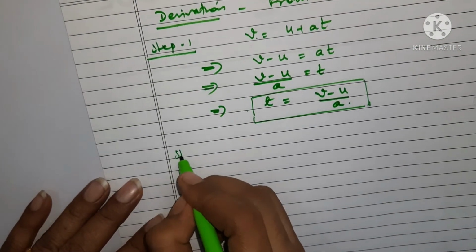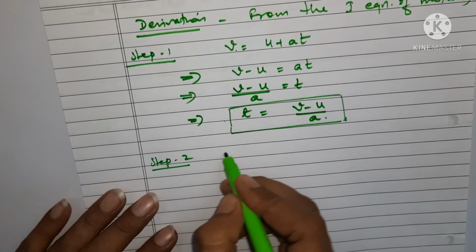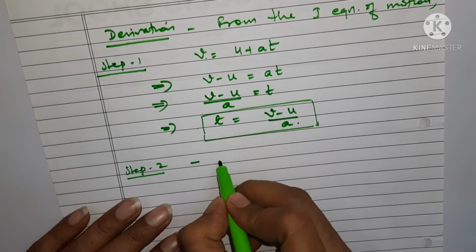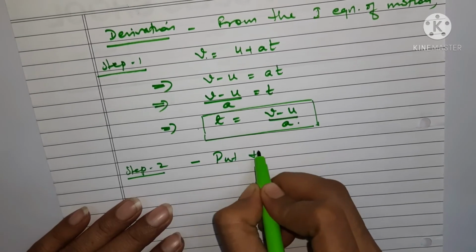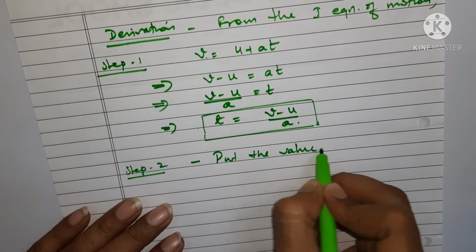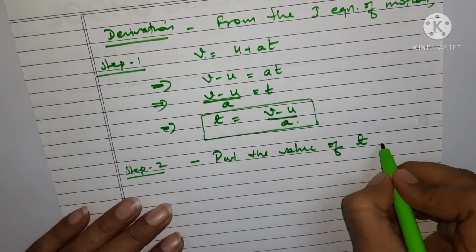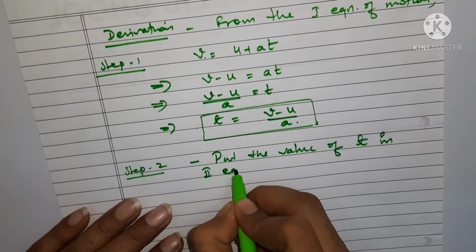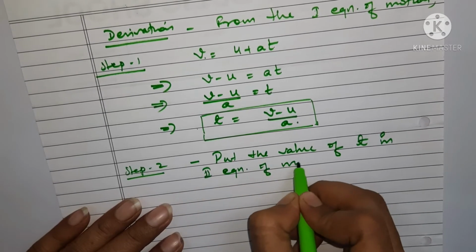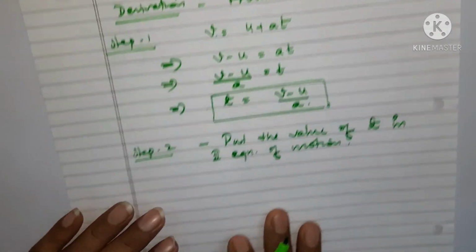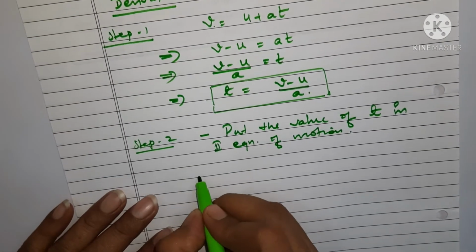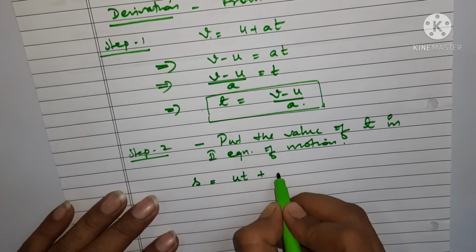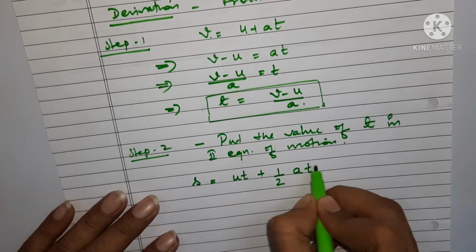Second step is to put the value of t in the second equation of motion. What is the second equation of motion? It is s is equal to ut plus half at square.